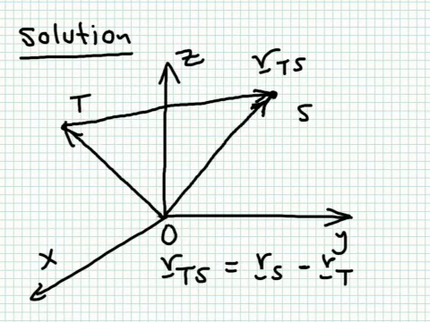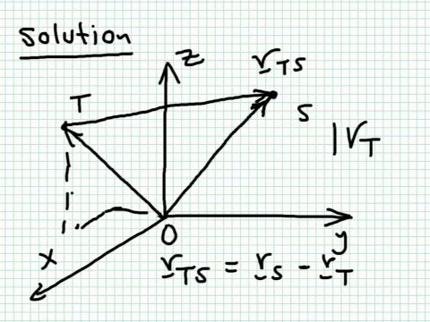So negative y means if I try to project it here, its y component is going to be a negative component. This is why I draw it in this part. If you want to determine the actual distance, it is simply the magnitude of this vector RTS.